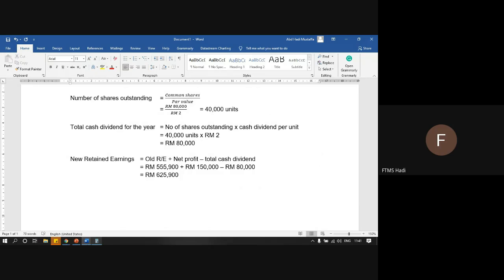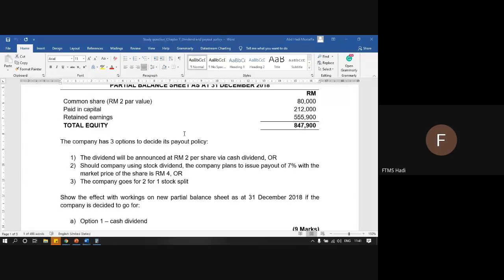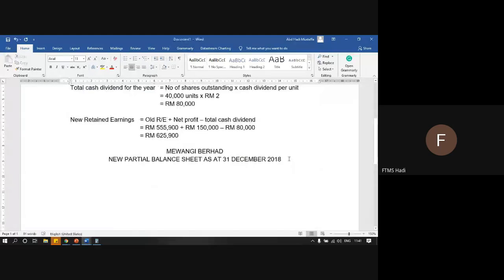Okay. Then you need to construct a balance sheet, which is Mawani Berhad. New partial balance sheet at 1st December 2018, because the question says 2018, right?